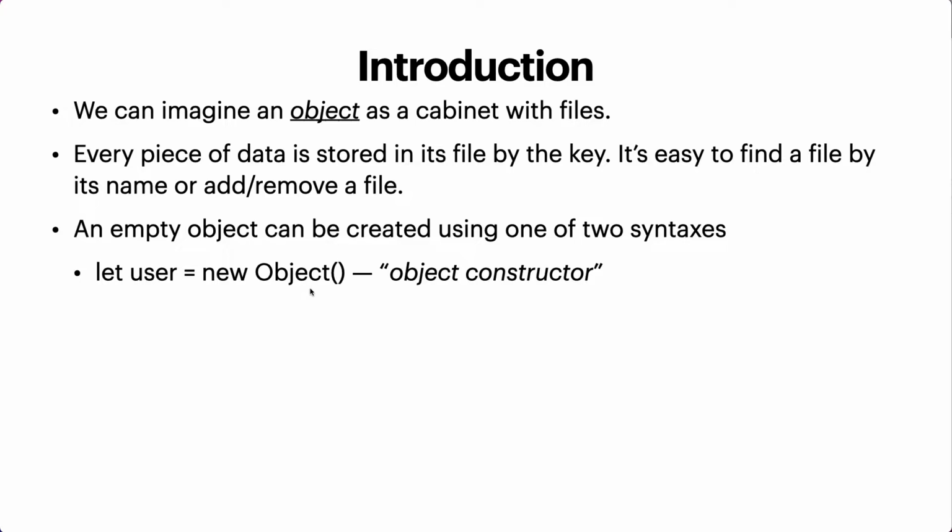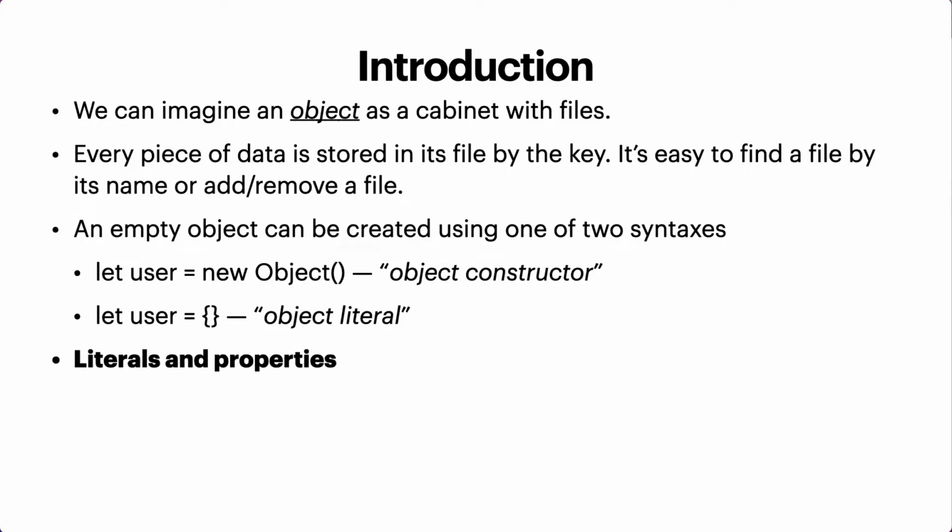But for now, just keep in mind how we declare the object variables. And there's another method that we just used that is called object literal. So if you want to define your object, you can use one of these two syntaxes, and you will be declaring your first object.